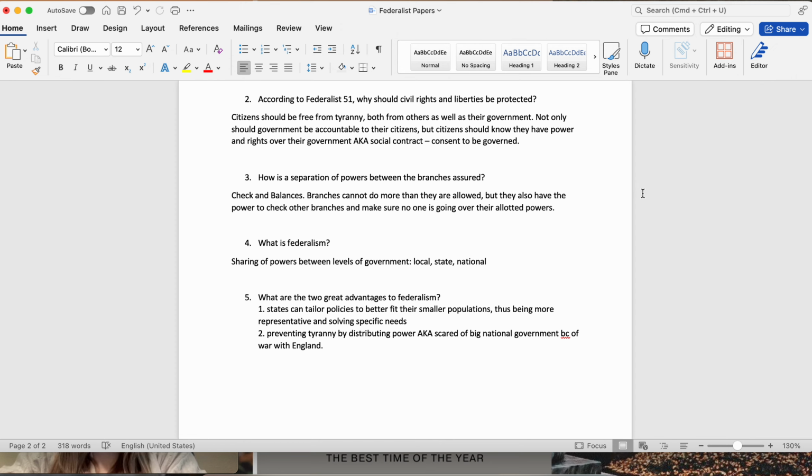Number 1, states are tailoring policies to fit their small populations, thus being more representative and solving specific needs, right? Thinking about the difference in states, like Ohio is very agriculturally based, right?